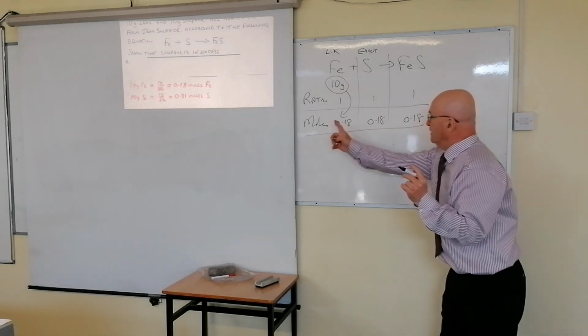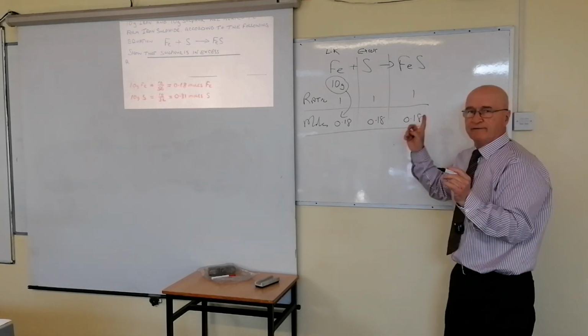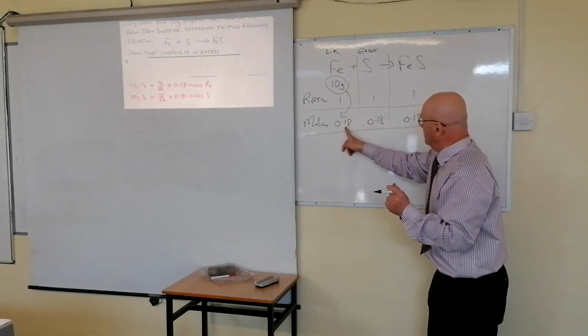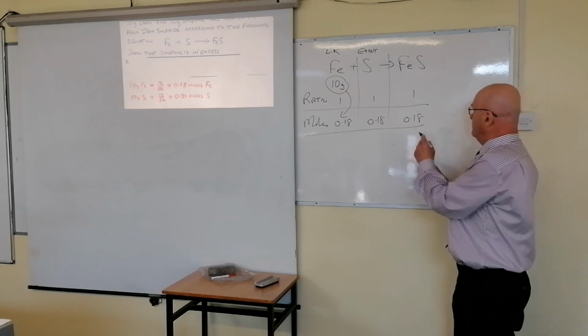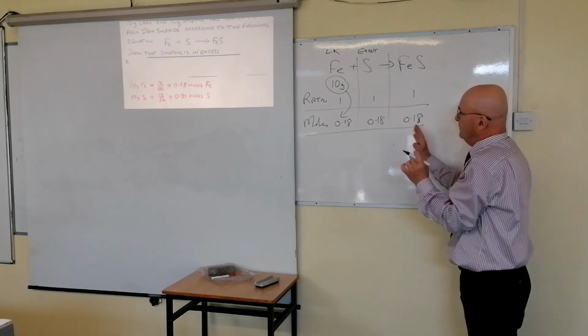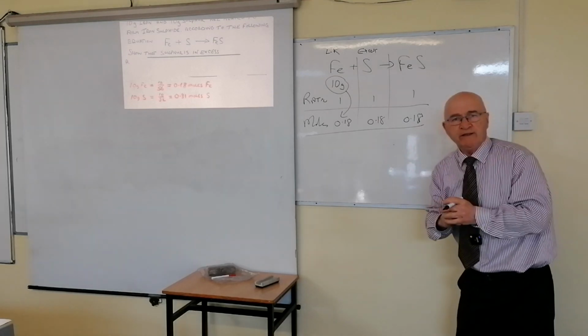Step number 2, construct the mole strip. You cannot construct the mole strip if you don't know the limiting reagent. Be careful now. There was a 2 there, that'll be 0.36. You understand that? Now, what's step number 3?